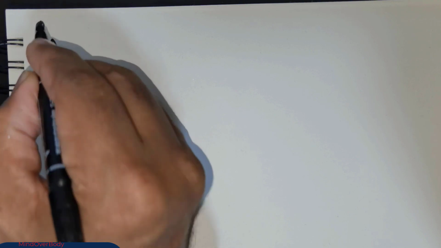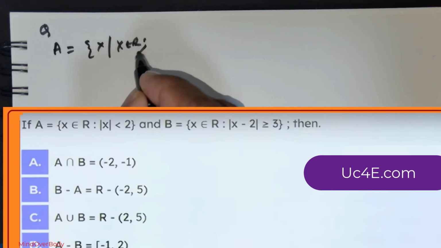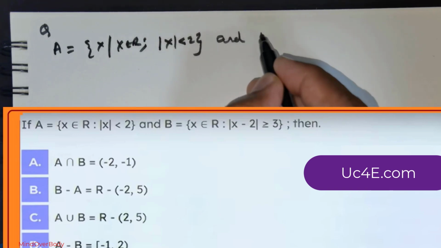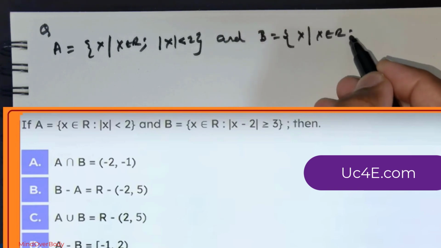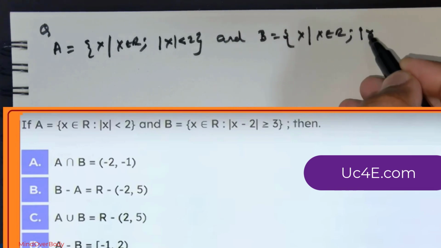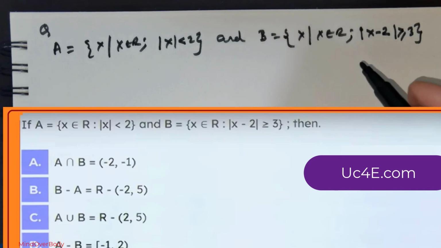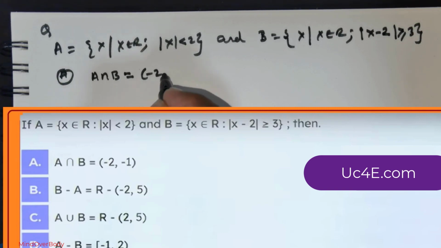We got 2 sets. A is the collection of all x such that x is an element of R and modulus of x is less than 2, and B is the collection of all x such that x is an element of real numbers and modulus of x minus 2 is greater than or equal to 3. Now you will have to pick one of the choices. Choice A: A intersecting B is equal to the set negative 2 comma 1, negative 1.